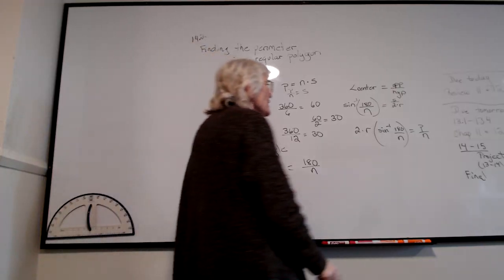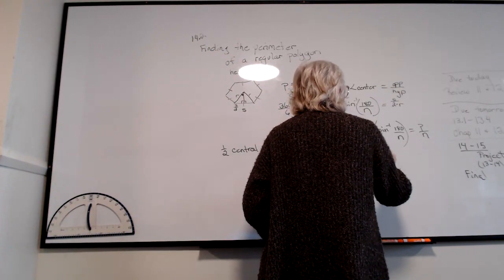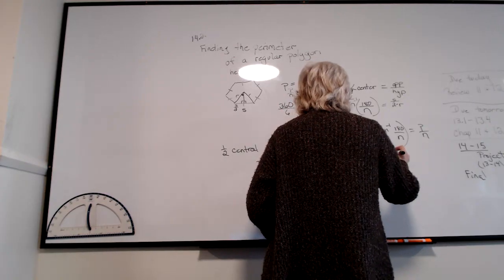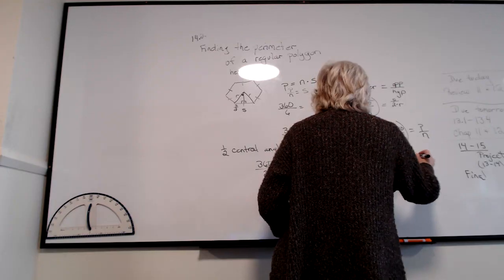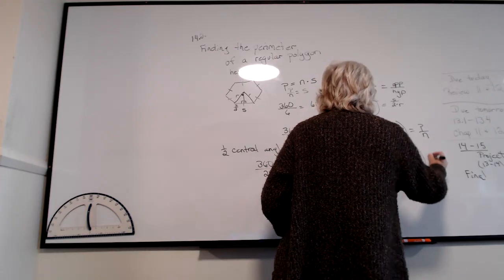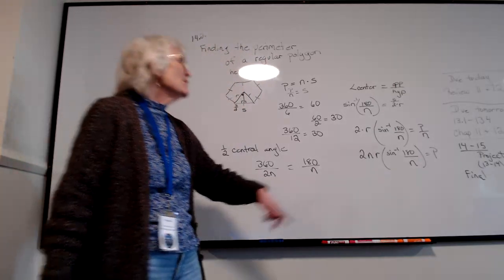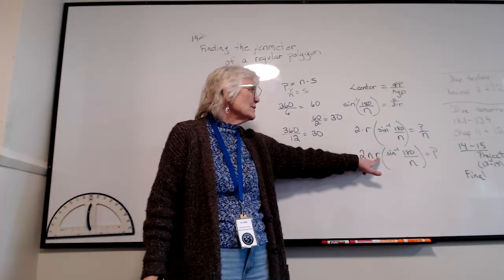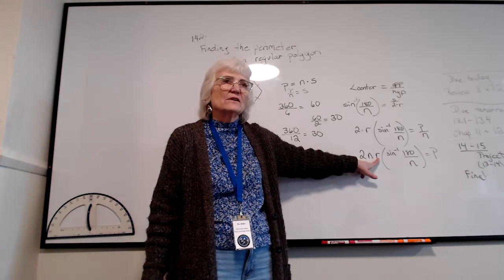What we then come up with is 2nr times the inverse sine of 180 over n equals the perimeter. Do you notice the only length we need to know is r? We only need to know the length of r.